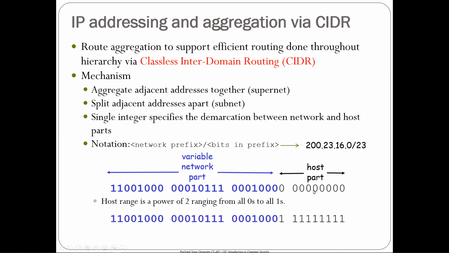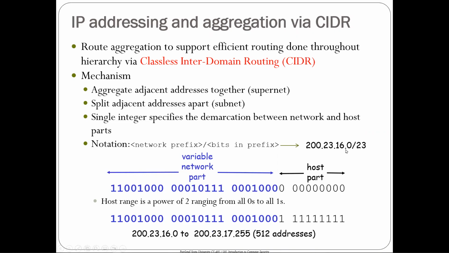In this case, the host part can be anything from all zeros up to all ones. And so this denotes a range that is a power of 2, in particular a power of 2 with 9 bits, that corresponds to this prefix.